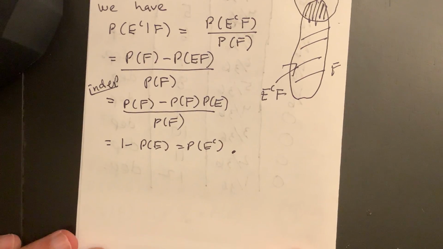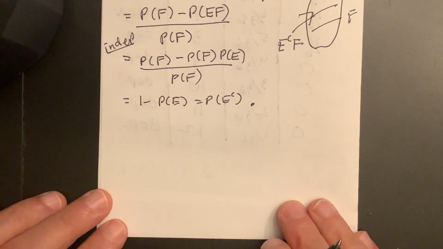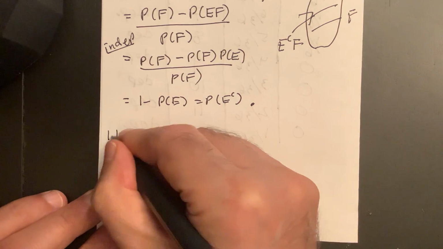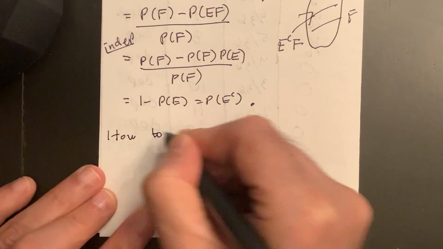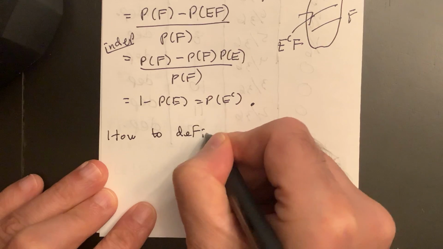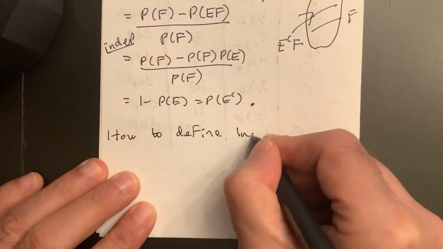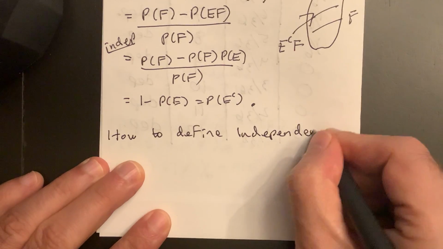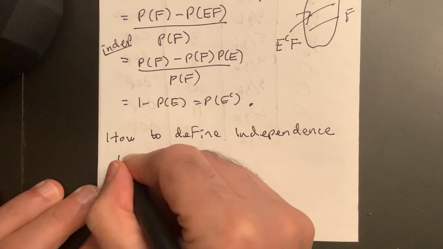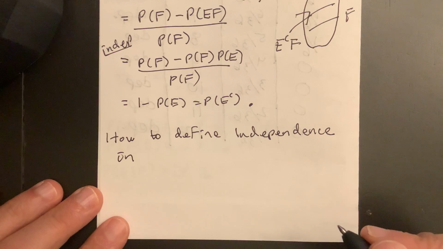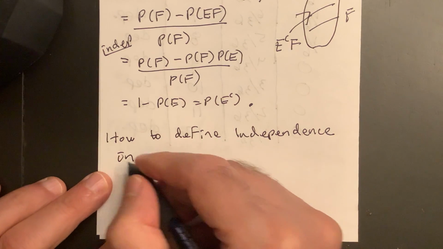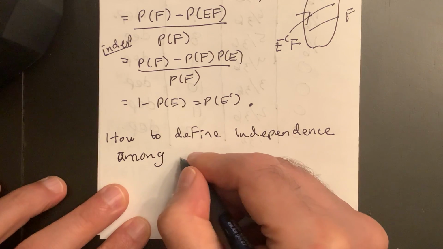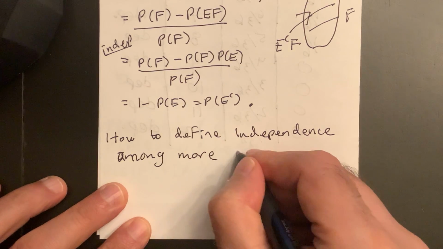Okay, also, let's see, how would we define independence among more than two?